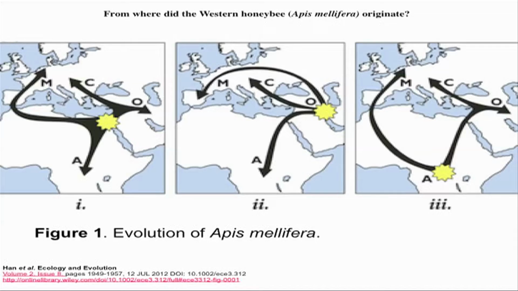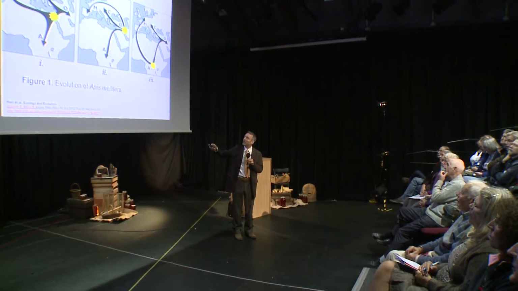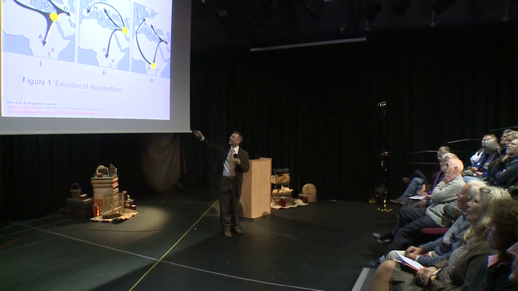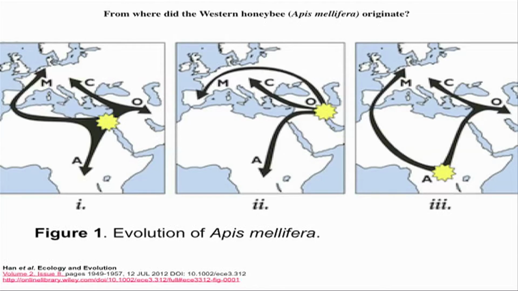There's this hypothesis put forward by Rutner, actually based upon morphology, that maybe the western honeybee arose somewhere in Asia and spread out into Europe and into Africa. An alternative view, northern distribution seems unlikely. An alternative view, I'll put more strongly, a third view, that maybe Africa is the source of the honeybee and it's spread from there outwards.